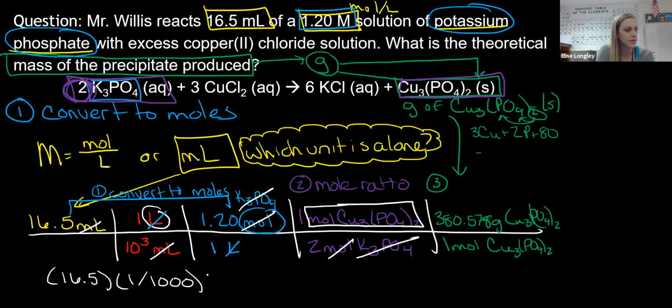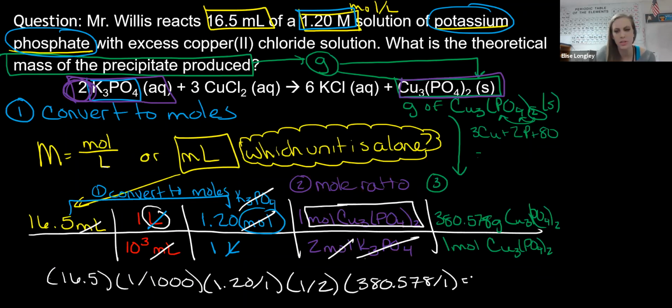My brain just did that automatically. Open 1.20 over 1 close, open 1 over 2 close, open 380.578 over 1 close. And when you do that, you should get 3.7678 and so on, which then we round to 3.77 grams of the Cu3(PO4)2.